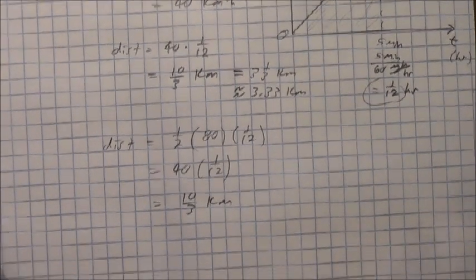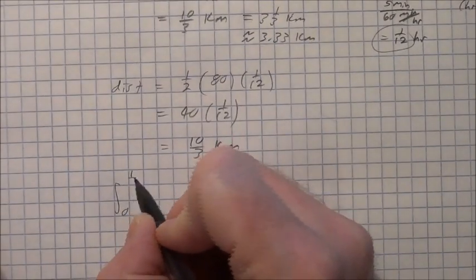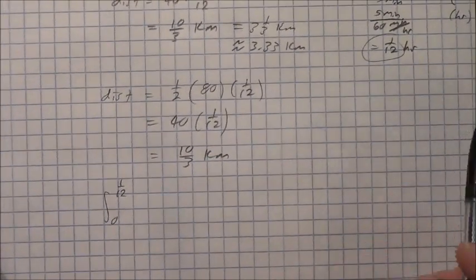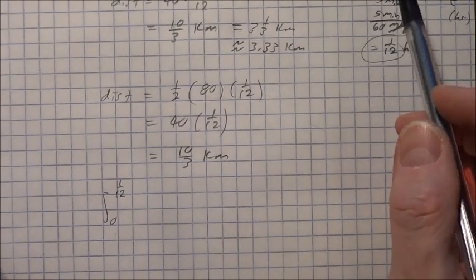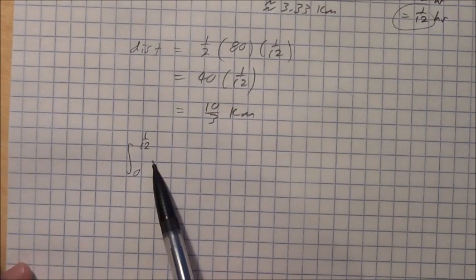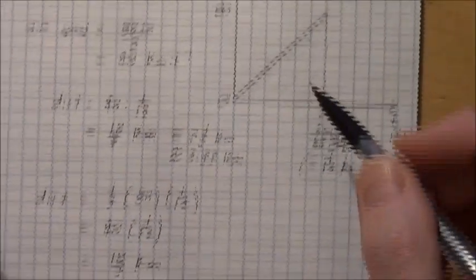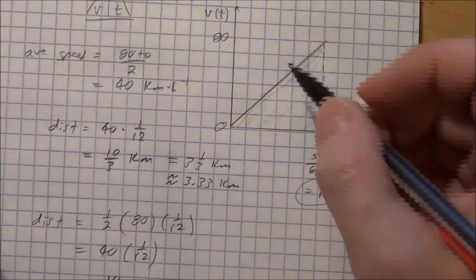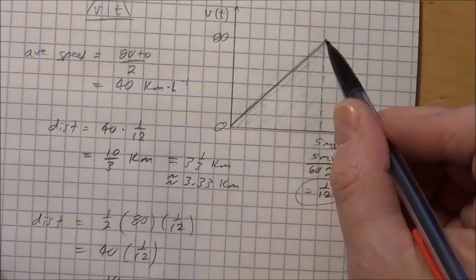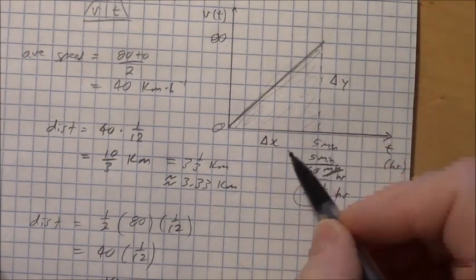And then using the definite integral, we go from 0 to 1/12 of an hour. Because we're integrating speed over time, we need to find the equation of this line. The equation of this line is basically delta y over delta x, rise over run.